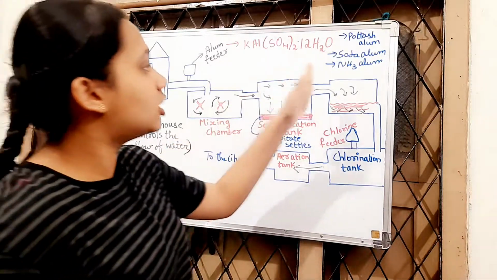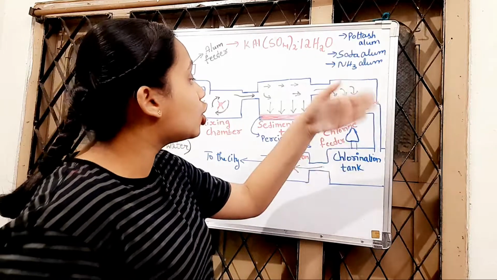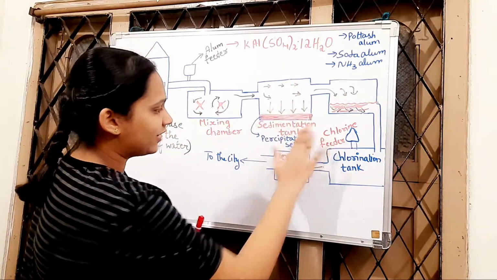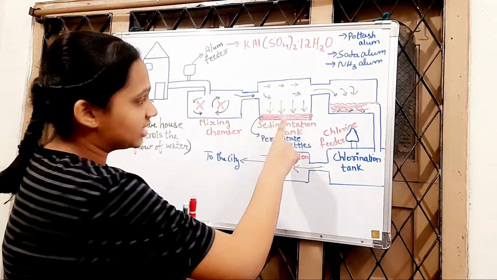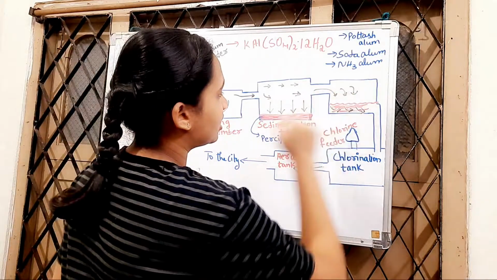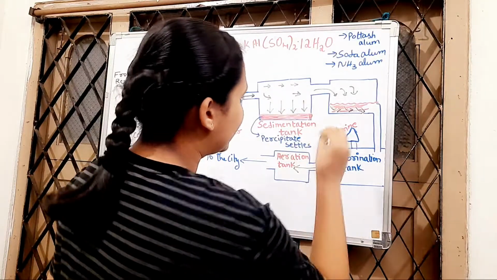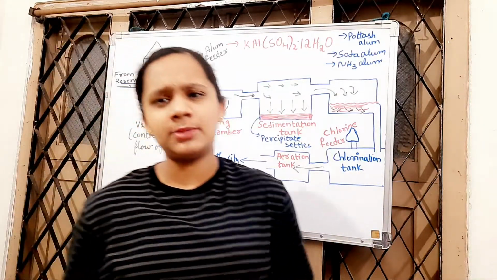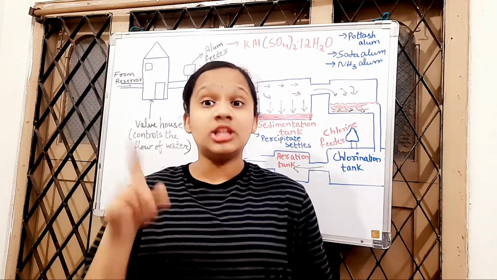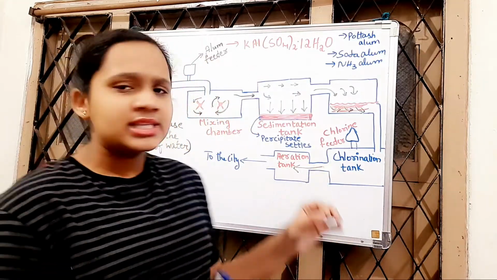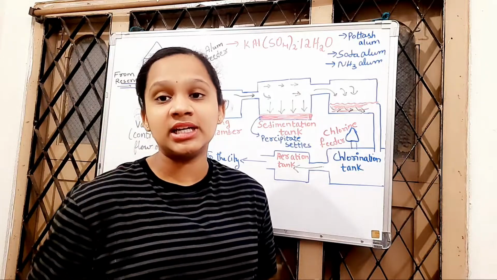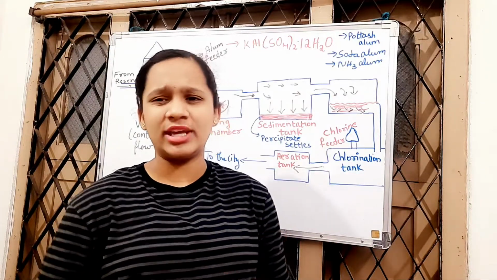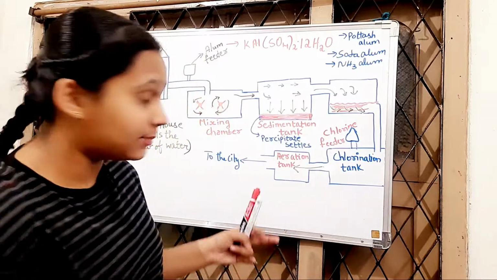Now from here, the water is moved on. See, once the water is purified and the alum has settled down, the pure water is sent here. This is called the sand, gravel and charcoal bed. Now what is the main purpose of the sand, charcoal and gravel bed? Sand purifies the smaller particles, gravel purifies the larger particles such as bugs, twigs, rats and debris.